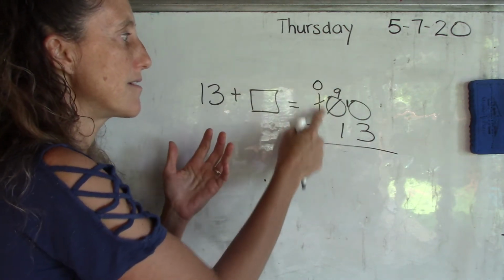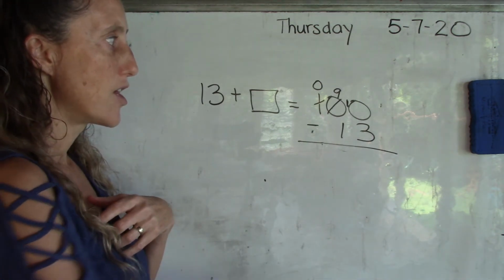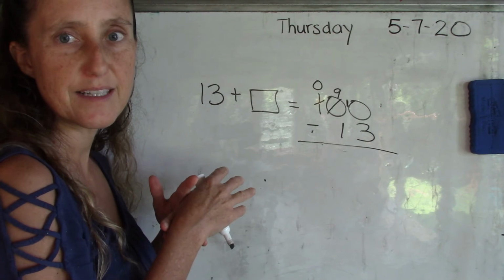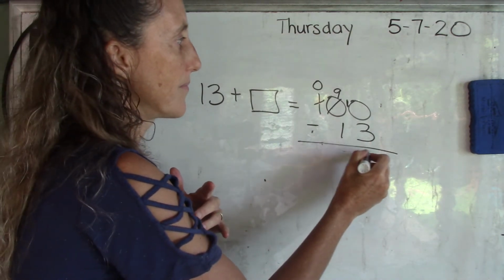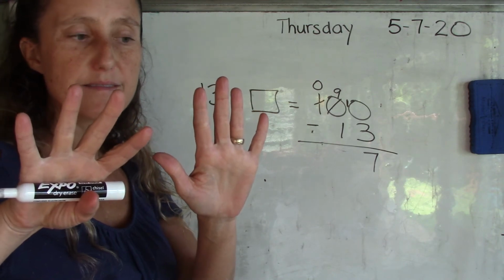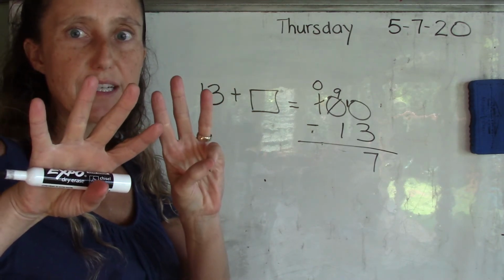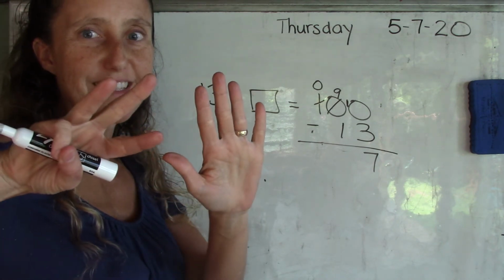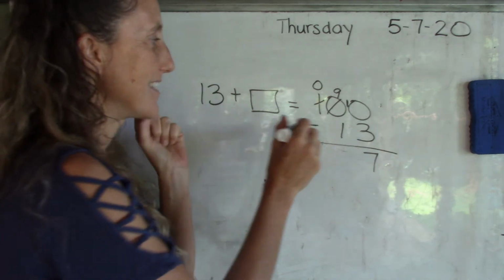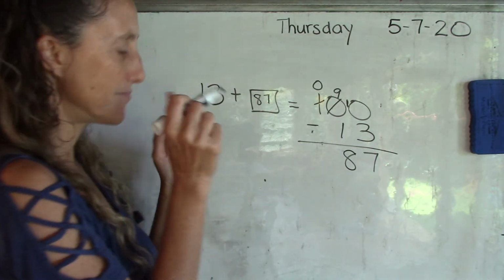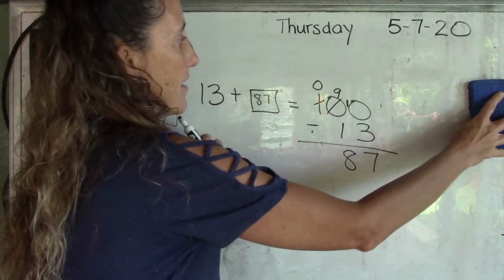So this guy's 0. There's nothing there. So if I have 10 and I take away 3, I now have 7. If I have 9 and I take away 1, how many do I have? 8. You're right. So 87. I would need 87 more. Okay.